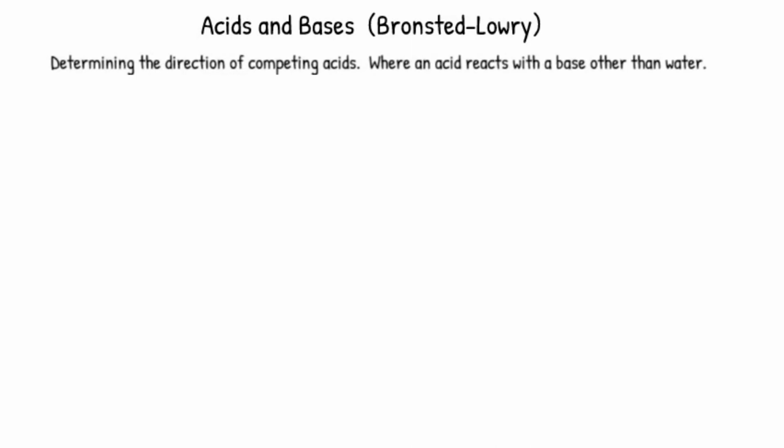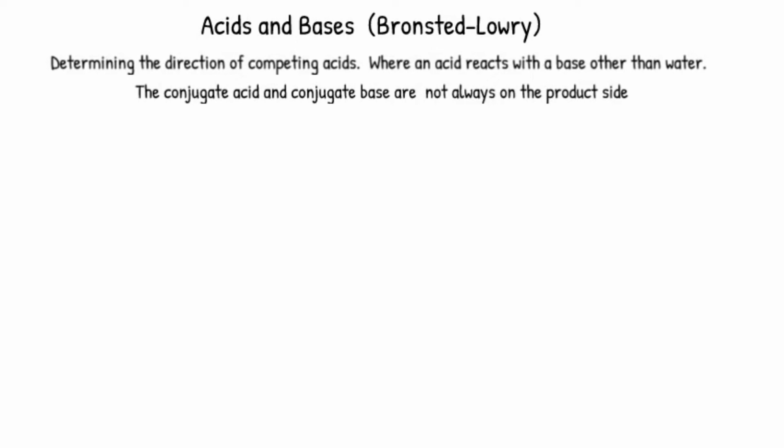Determining the direction of competing acids. Where an acid reacts with a base other than water, the conjugate acid and the conjugate base are not always on the product side. In this example, HCN, hydrogen cyanide, reacts with fluoride ion to give the cyanide ion and HF, hydrofluoric acid.